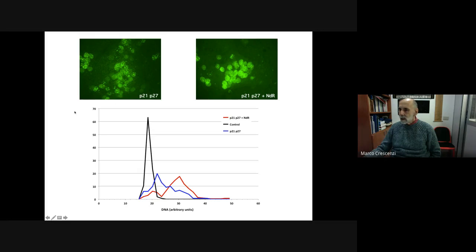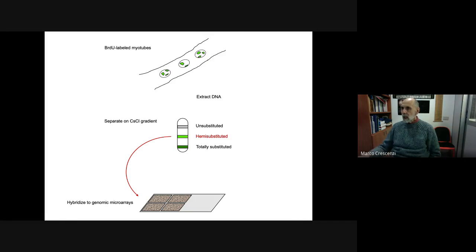So let's see what areas are efficiently replicated and what are not. Because the ones that are not replicated or are less efficiently replicated contain the problem. And we will be able to look for the problem in those areas. To do that, we reactivated myotubes, labeled them with BUDR.